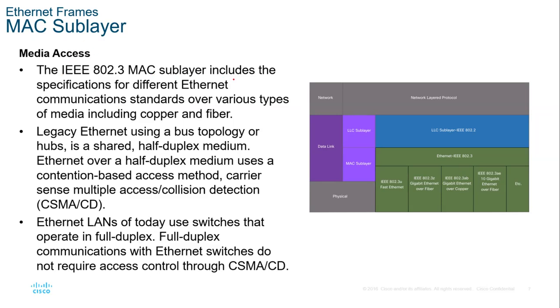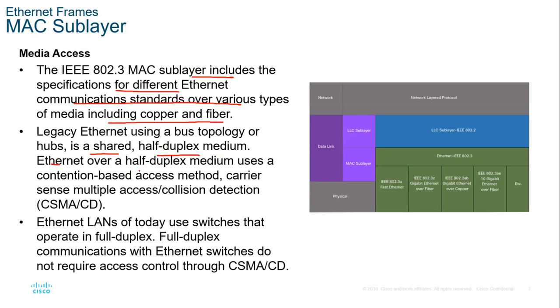Then media access. The MAC sublayer includes the specification for different Ethernet communication standards over various types of media, including copper and fiber. Legacy Ethernet using bus topology or a hub is a shared half duplex media.